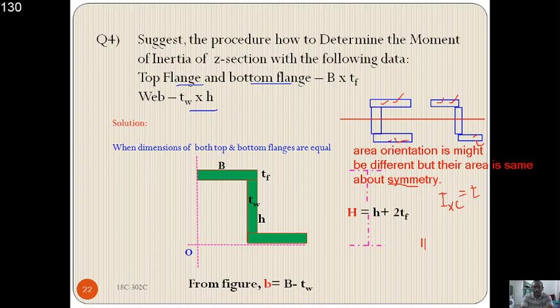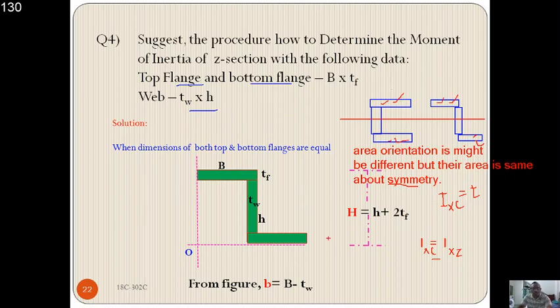So it can be simply written like this: Ixc is equal to Ixz. So this is what I want to say, that the moment of inertia of the channel section about the x-axis is equal to the moment of inertia of the Z section about the x-axis, subject to the dimensions of the top flange and bottom flange for both being the same.